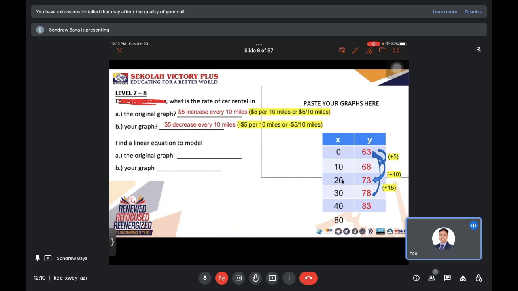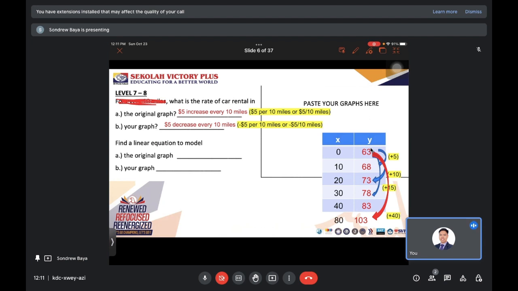And of course, covering 30 miles, it's like adding 15 to 63 to get 78. 15 is half of 30. So if you want to know how much we're going to pay when we cover 80 miles, it's like getting half of 80, which is 40, and adding 40 to 63, which gives us a total cost of 103.